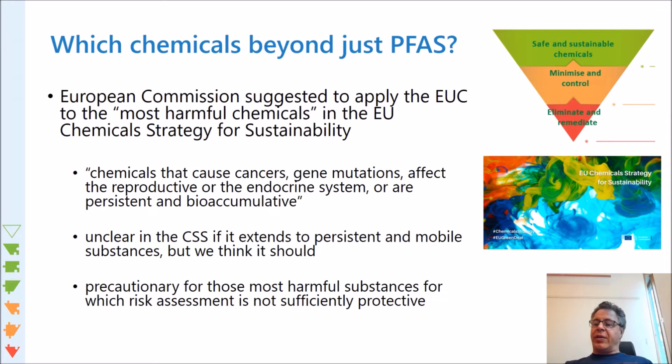It's therefore unclear in the Chemical Strategy for Sustainability if it extends to persistent and mobile substances, but we think it should. The point is that the essential use concept should be a precautionary approach applied to those most harmful substances for which traditional risk assessment methods are not sufficiently protective.